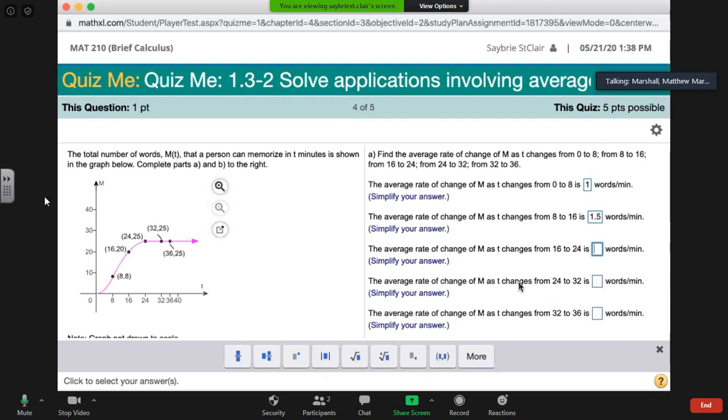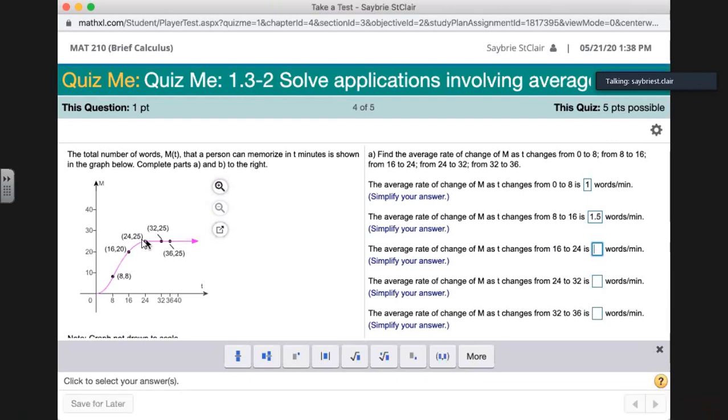And then from 16 to 24. Yep. There you go. So that's flat, right?